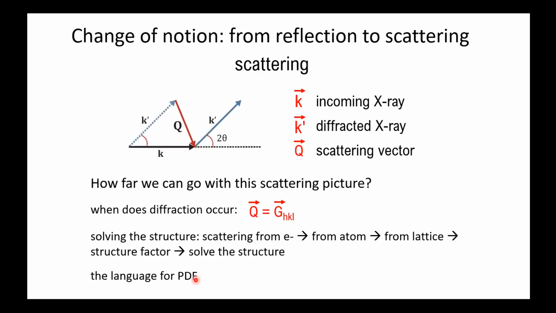For example, diffuse scattering: people would say this is diffuse scattering, very weak, and much weaker than the Bragg scattering. And people will say PDF is a total scattering technique. And if you go to neutrons, it's very likely people will talk about neutron scattering. All of these resort to the scattering picture, and that is really the language for the PDF.